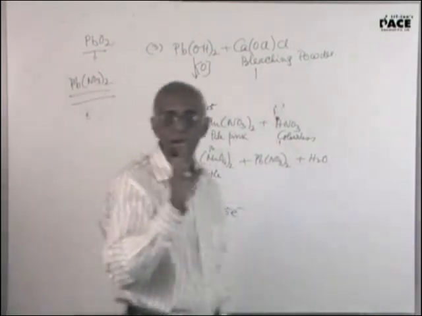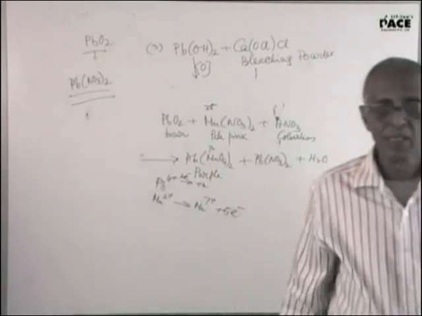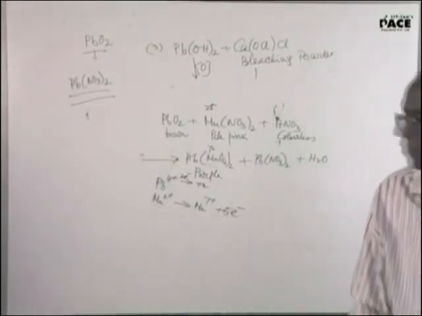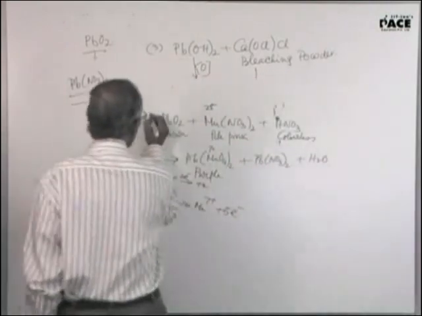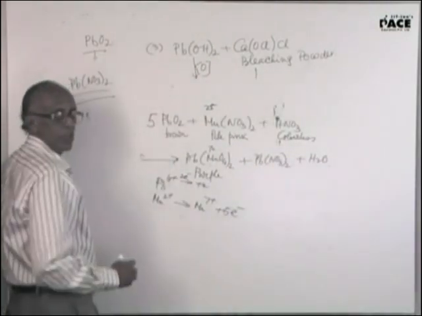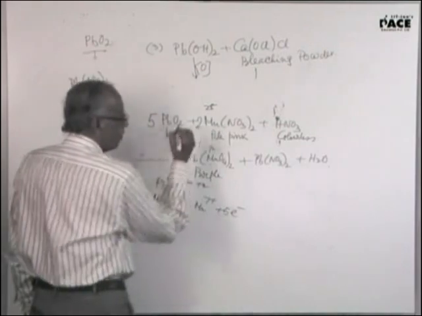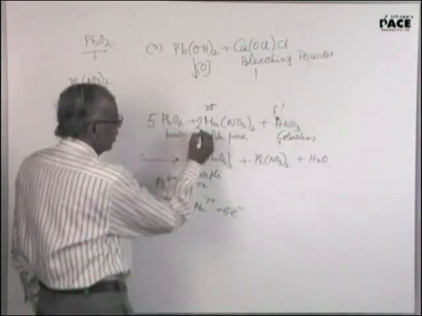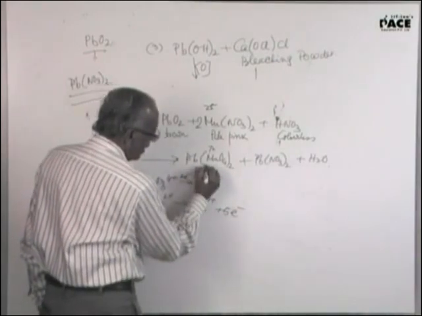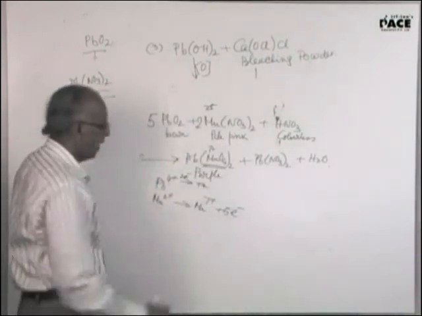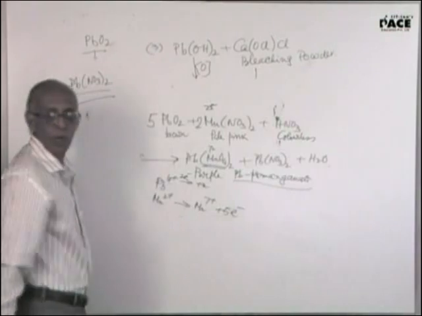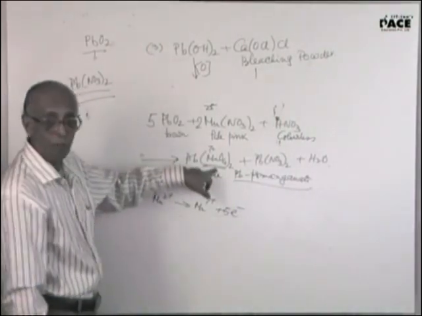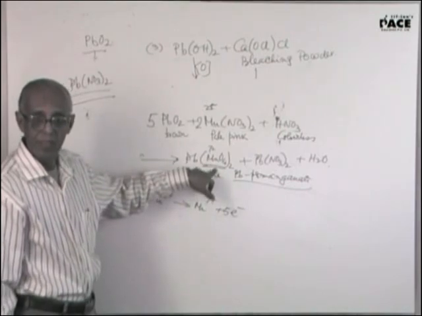Make the electron count same. Then what do I do? Cross multiply. So 5 moles of lead dioxide will react with 2 moles of manganese nitrate. Now, 2 manganese are already there in the permanganate, which is purple color. So both the manganese are already in the form of permanganate.